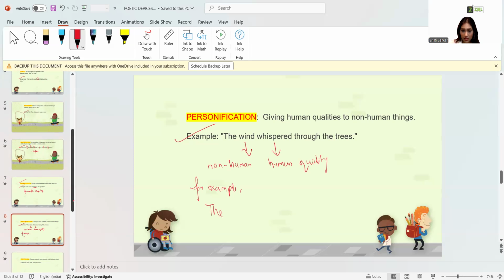The trees were dancing in the wind. Trees, non-human, dancing, human quality. So when non-human things are given human-like qualities, it is called personification.